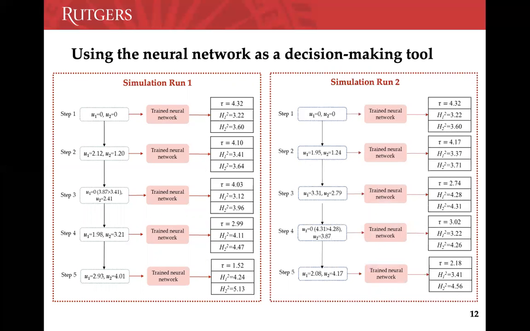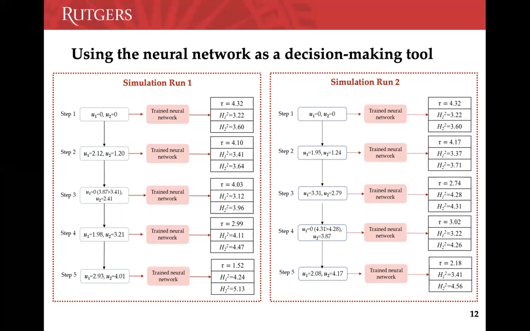I also did another simulation run, and here, as you can see, in the first step everything is the same, but in the second step, after the same amount of time, the degradation of the components is completely different. This is because the gamma process is a stochastic degradation process, and at each simulation run we may have a different degradation level.